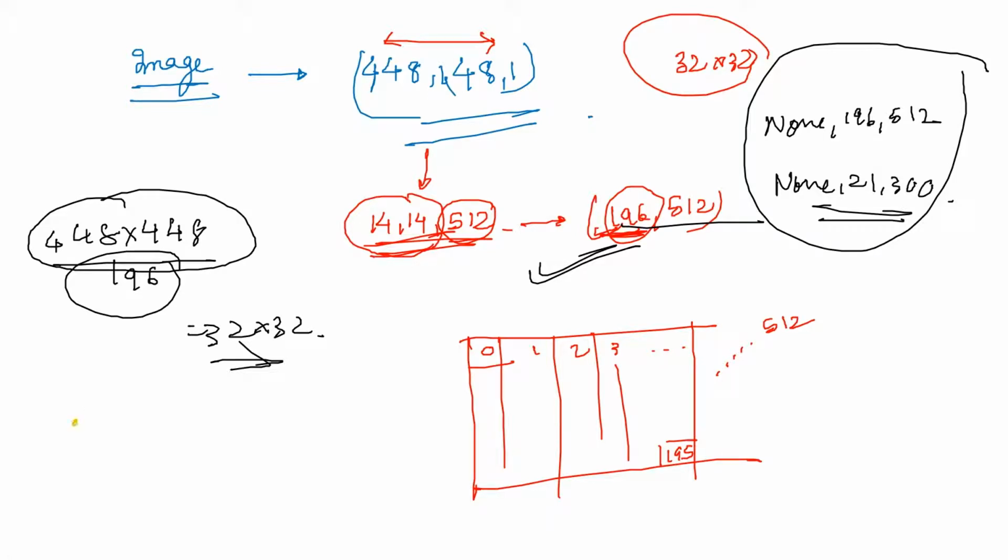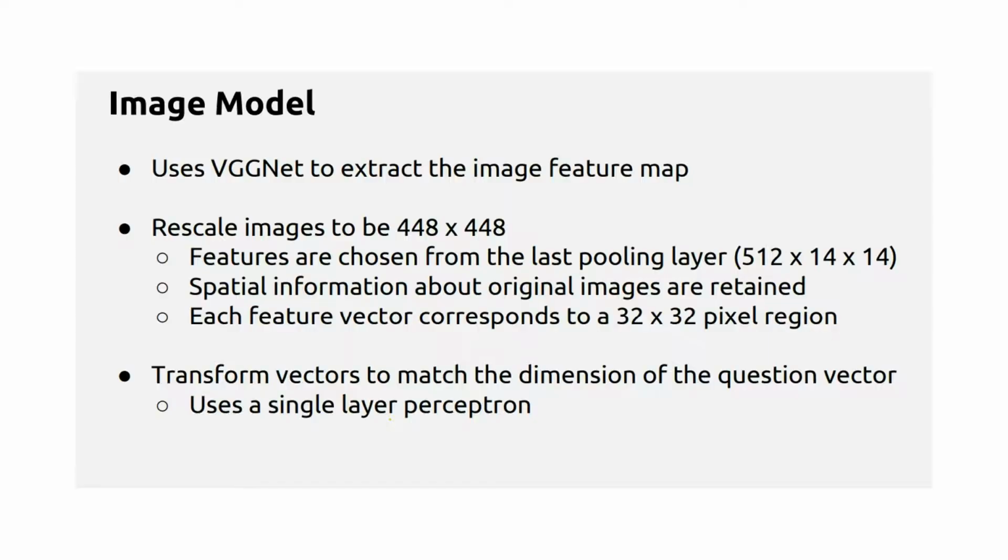We have made the dimension of the image 14 by 14 by 512, and we pass the question through the LSTM and get some dimension. That dimension should match the image vector, because we have passed the image to the CNN and the question to the LSTM.